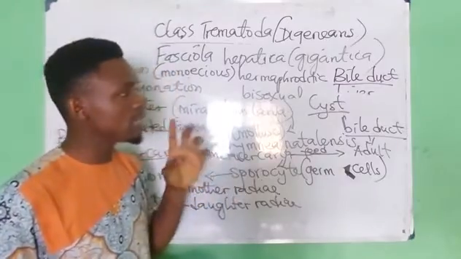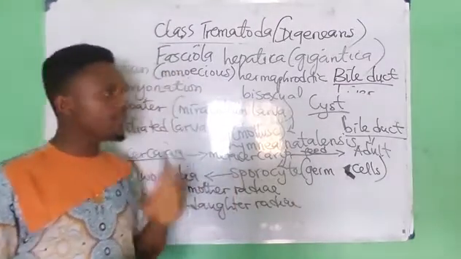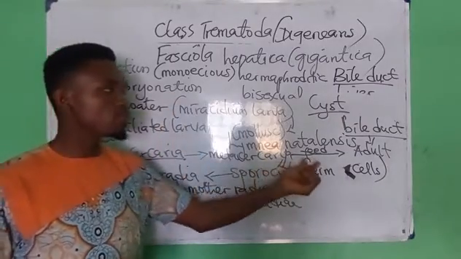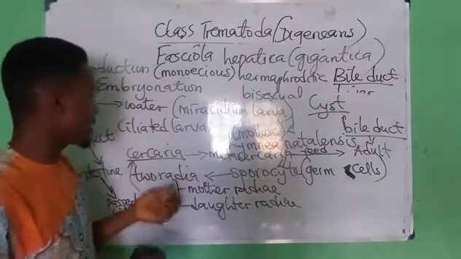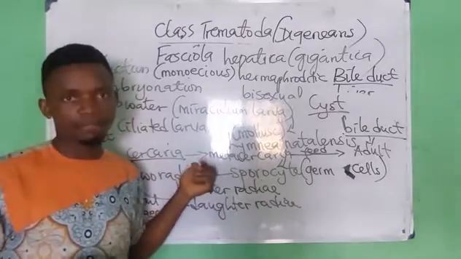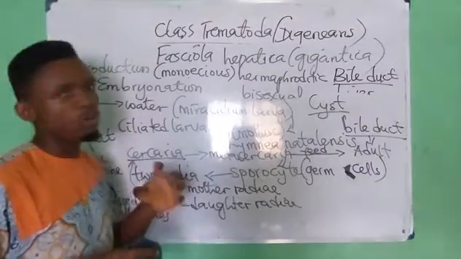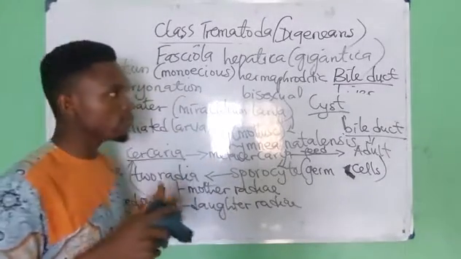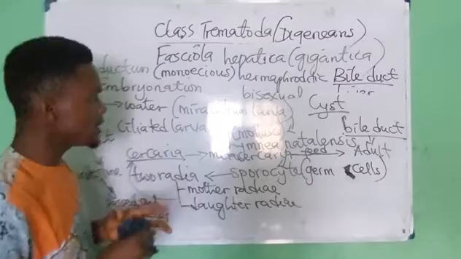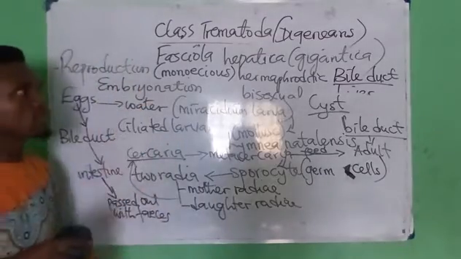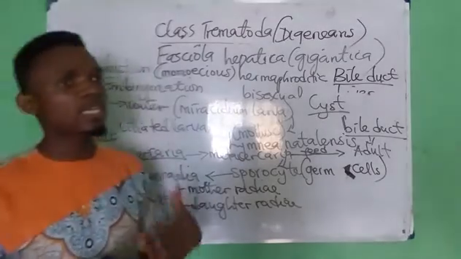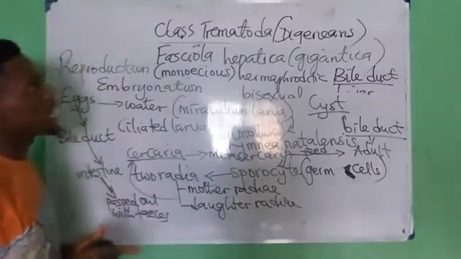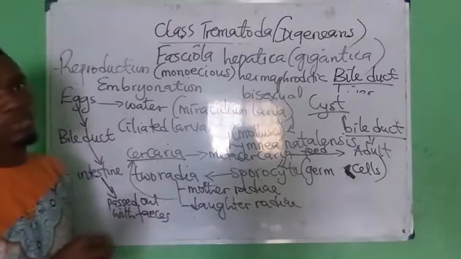Another way in which man can fall victim is by feeding on vegetables that have been infected by the cercaria larva. That's why before cooking, make sure you wash the vegetables properly before consumption. These organisms are economically and medically what? Important.